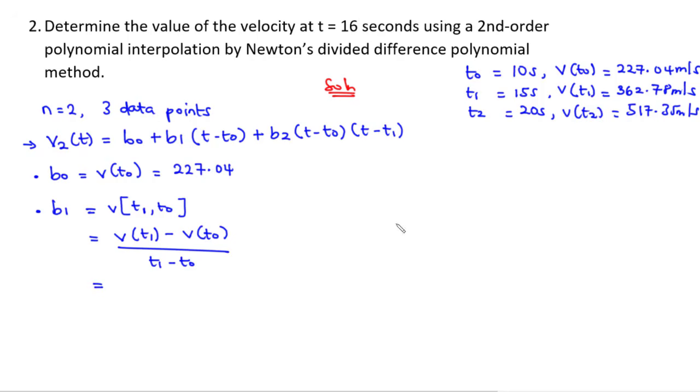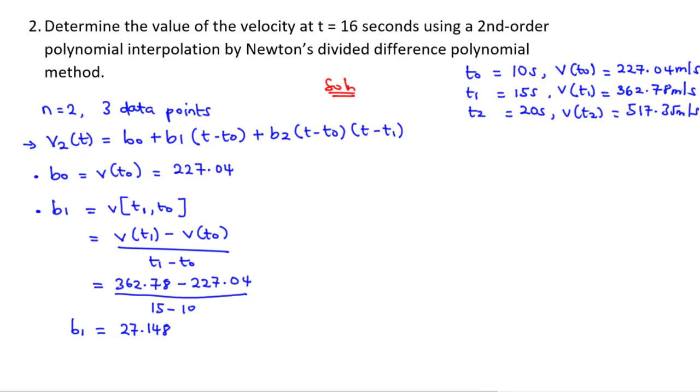So fixing in the values, we have 362.78 minus 227.04, all divided by 15 minus 10. When you compute this, you have 27.148. So this is the value for b1.